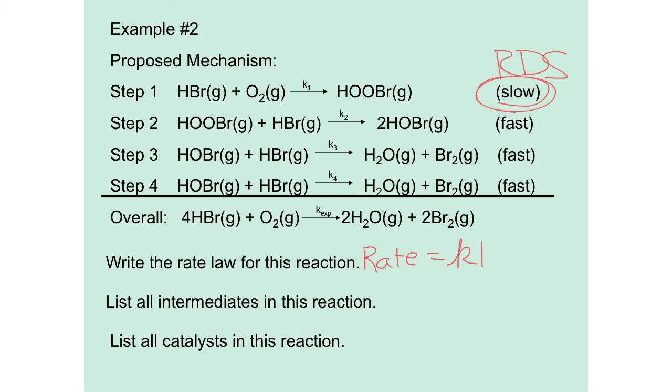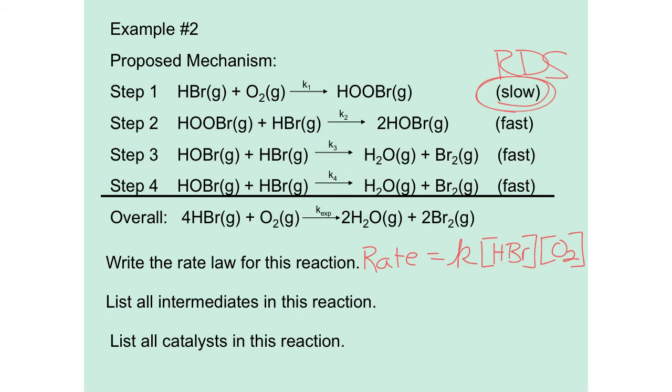So K times the concentration of HBr to the first power times the concentration of O2, also to the first power. And HBr and O2 are both in the overall equation, so everything is legal about my rate law. I don't have to do any substitutions.